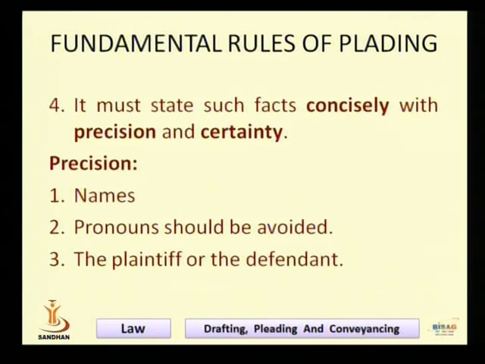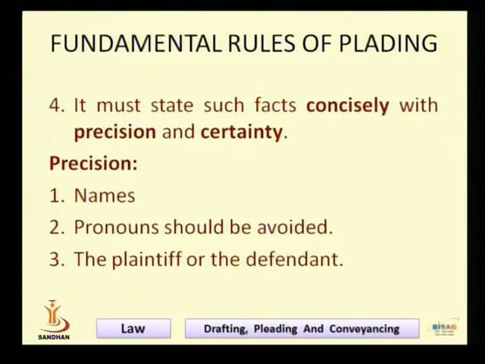These are the three main points for this fourth rule, that all the facts be presented concisely and precisely. It is not that you just narrate all the facts but no conclusion is arrived at. Then this pleading is not a fair pleading. Out of this pleading, one will never know which are the issues, which are the contentions.